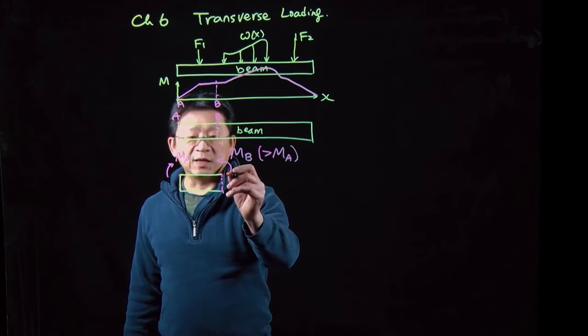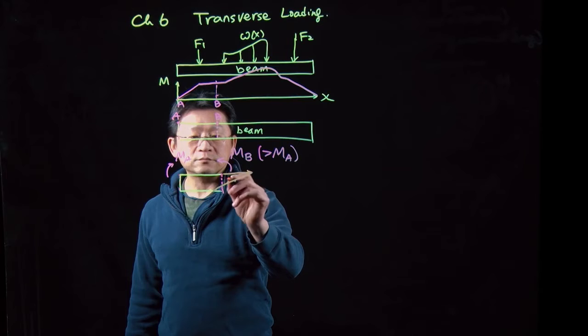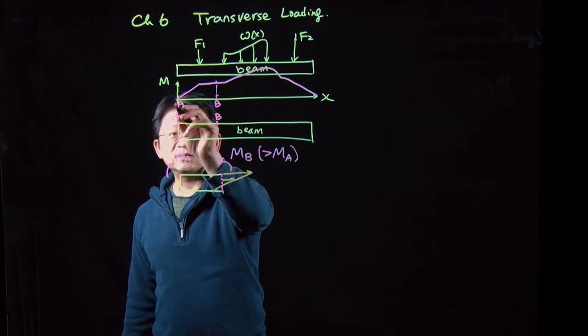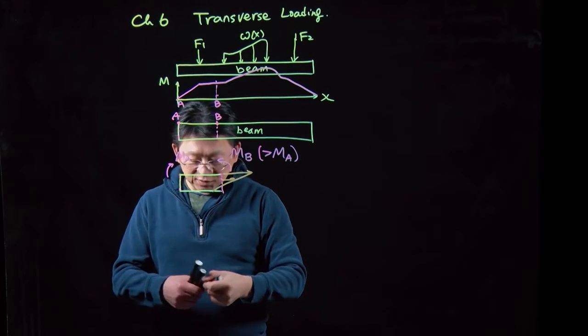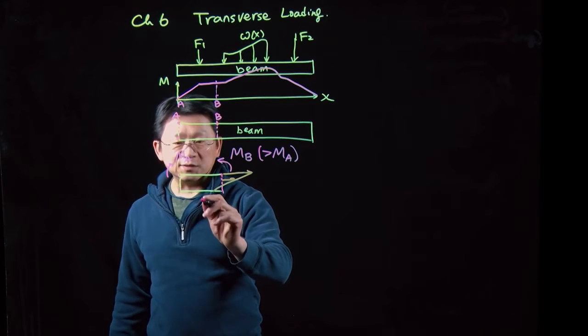And for example here for MB, the stress will be something like this. And MA, the stress here is 0, so basically MA is 0, so basically has no stress. So from there, this is the model you should be able to calculate.